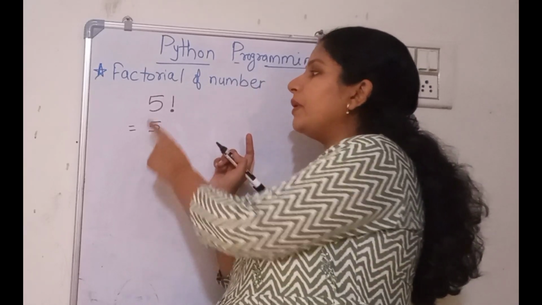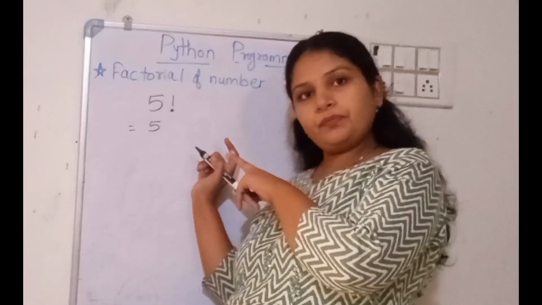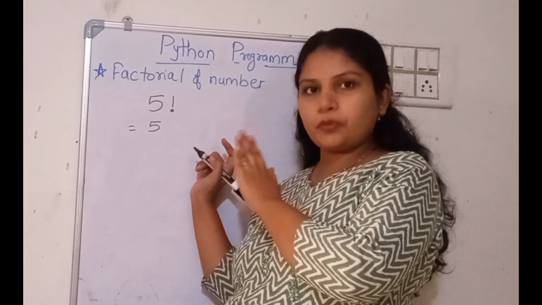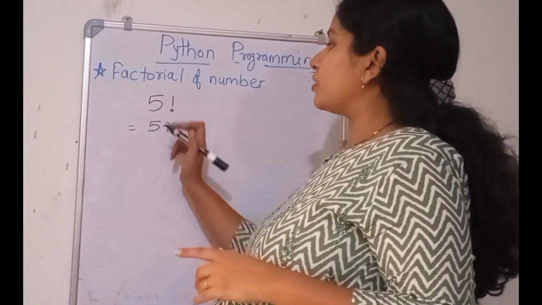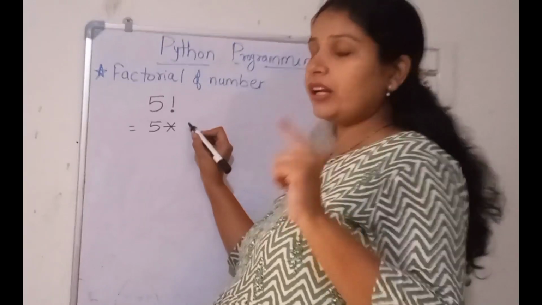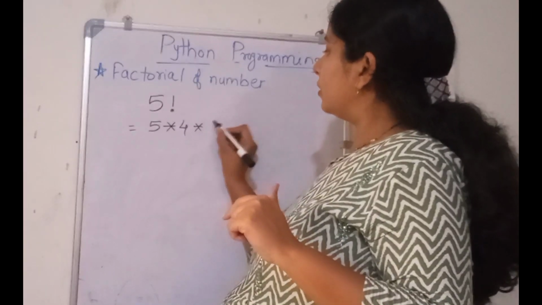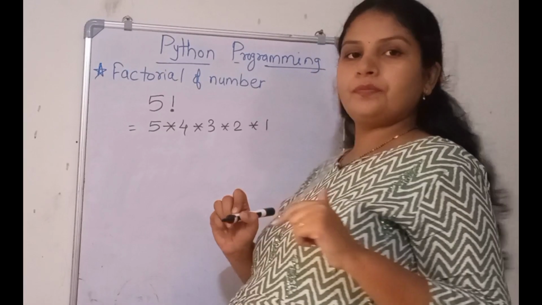Just decrement this number by 1 till you reach the number 1, and you do the multiplication. So here you are multiplying 5, first decrement it by 1, 4, then 3, 2, 1.